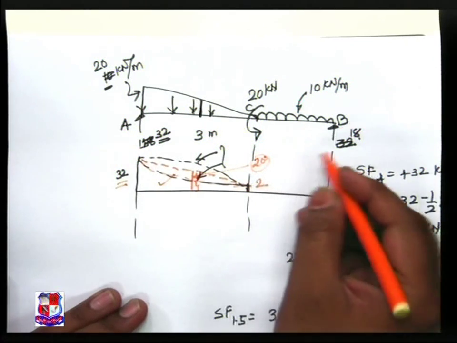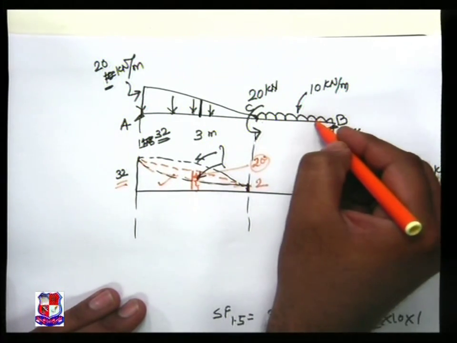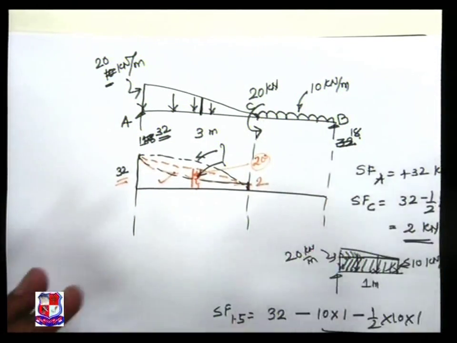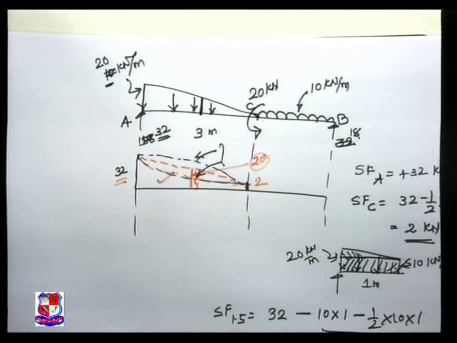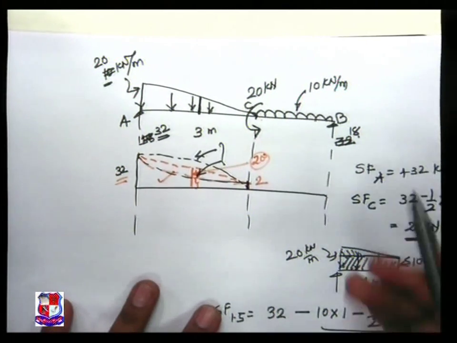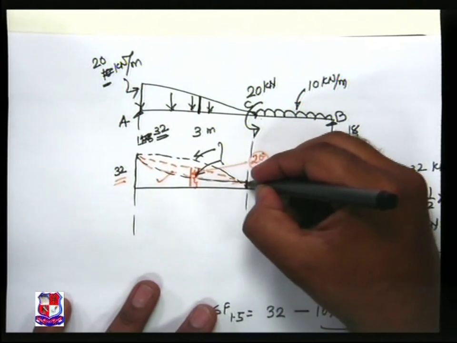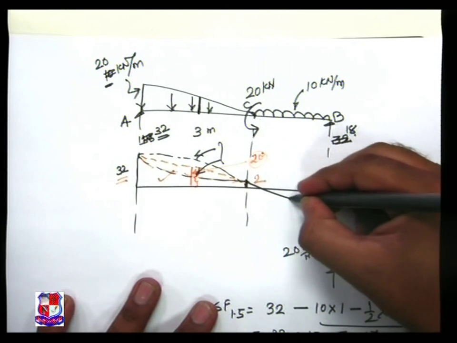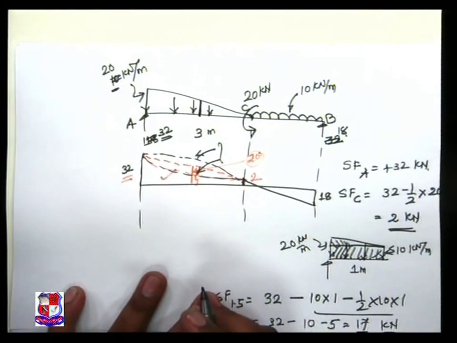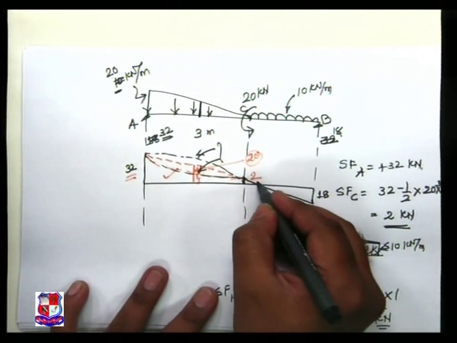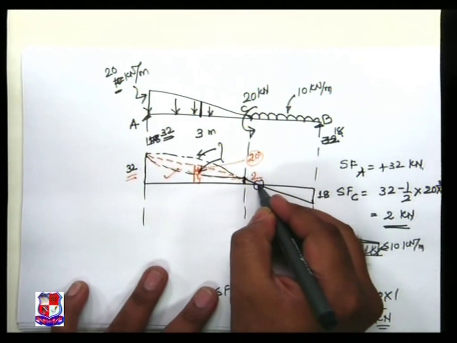Next, this is of UDL, SFB is of 18. So this ordinate is of 18, and this is joined by an inclined straight line. So visualize the point at which the shear force is 0.